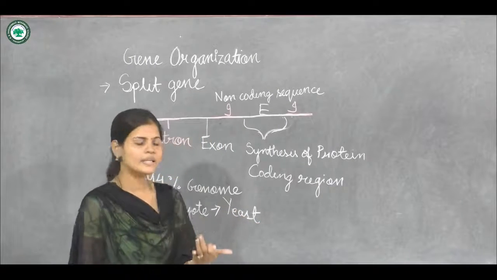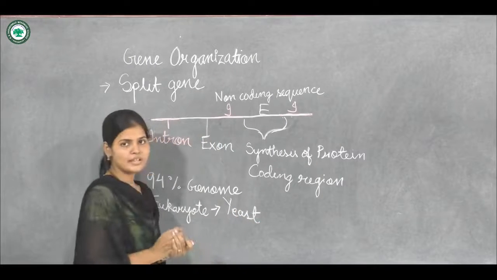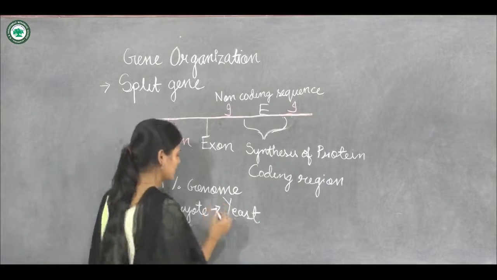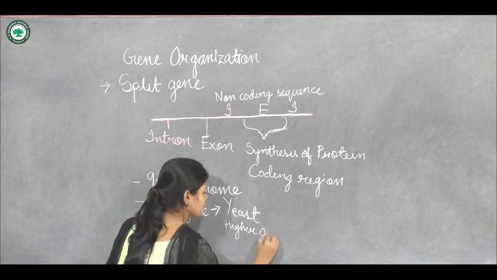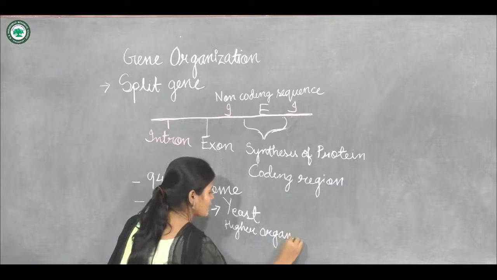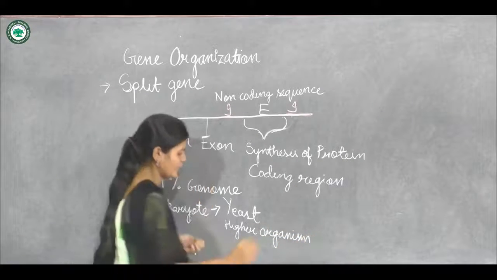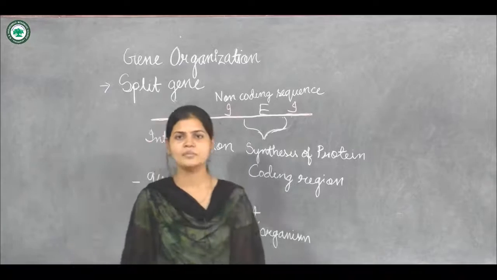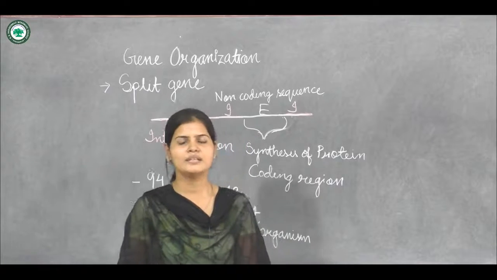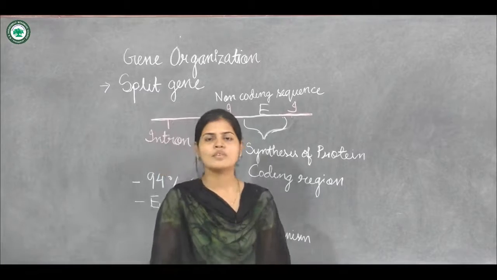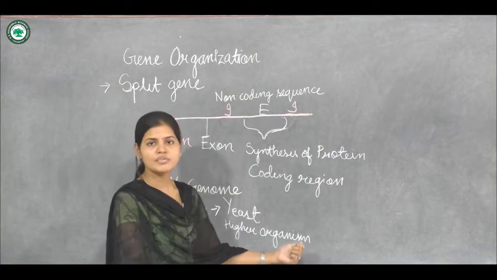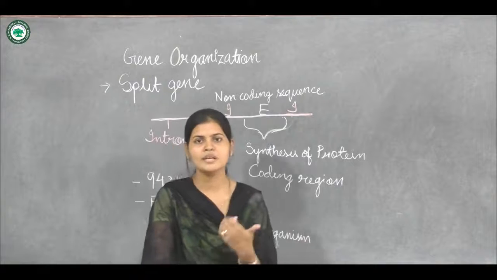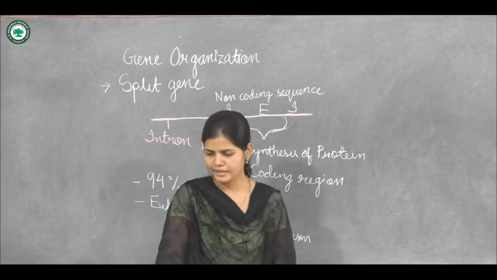But in higher organisms, that is in higher plants and animals, most of the region of the gene is interrupted by the presence of exons and introns.